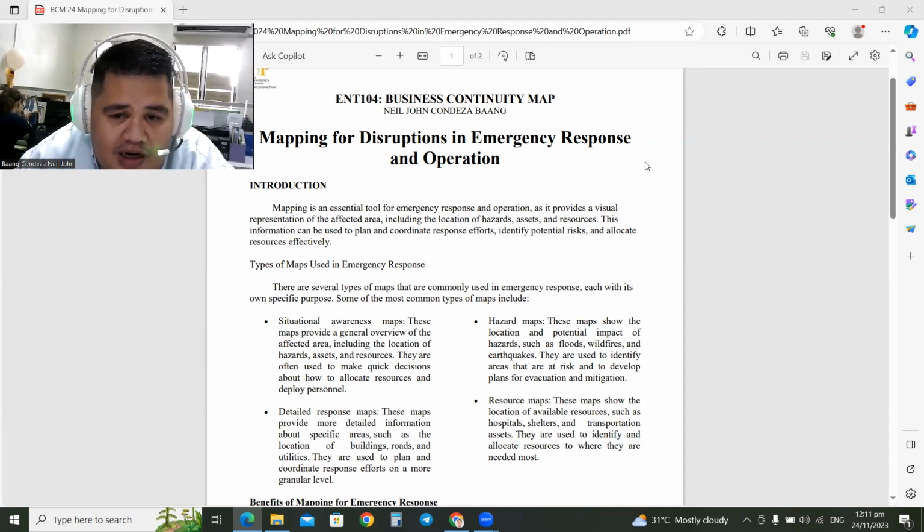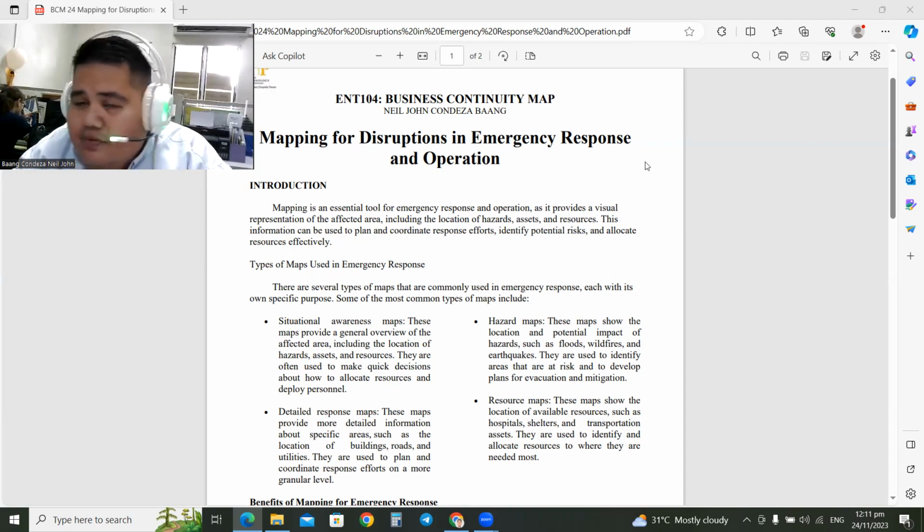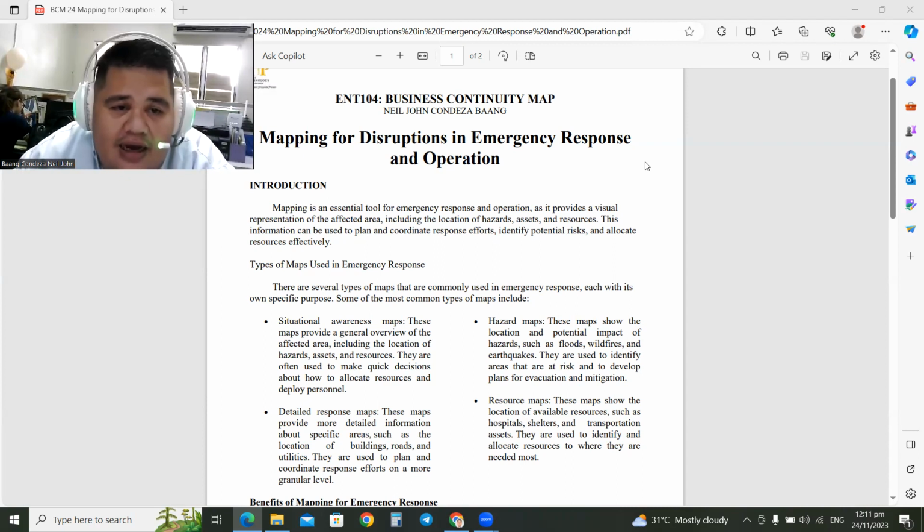For example, if you are in the petroleum industry, these hazard maps contain where the biohazards, the hazardous chemicals and substances are located. This is to view when and where an accident or threat could happen.